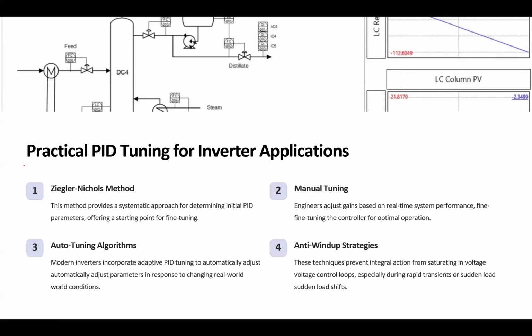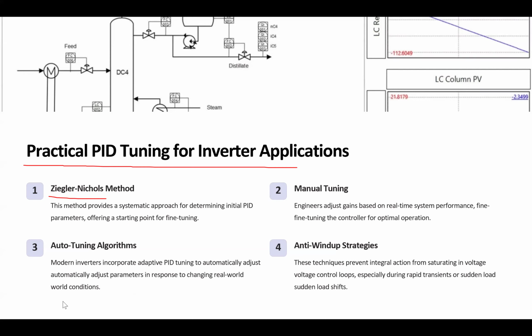Now, for practical tuning of the PID control, there are several methods. One is the Ziegler-Nichols method, which is used for initial value determination for the PID control. It's a very famous method, very simple to implement. You could search on that.